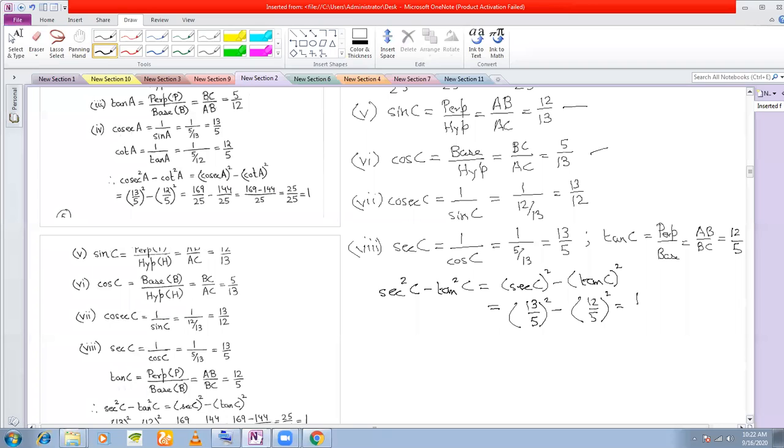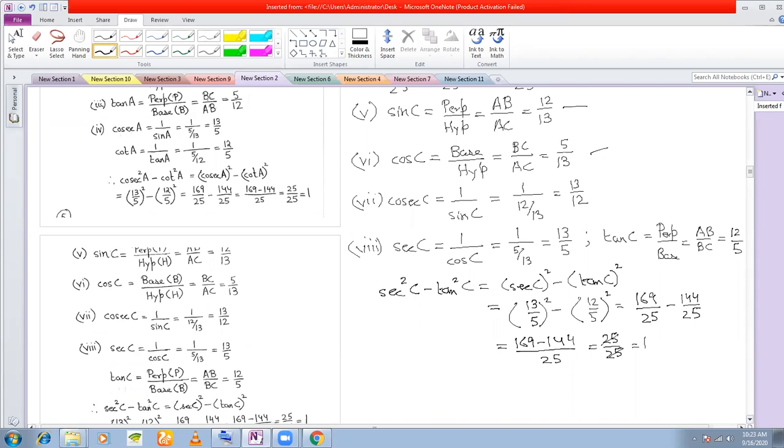So this becomes 169 by 25 minus 144 by 25, which is 25 by 25, which is 1. So the value of sec square C minus tan square C is 1.